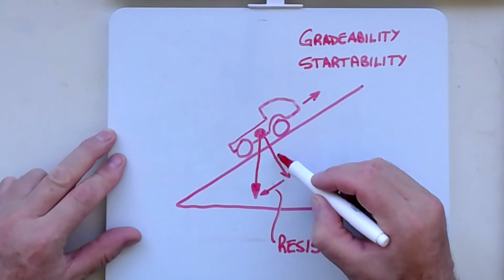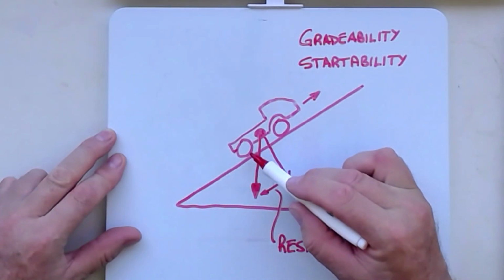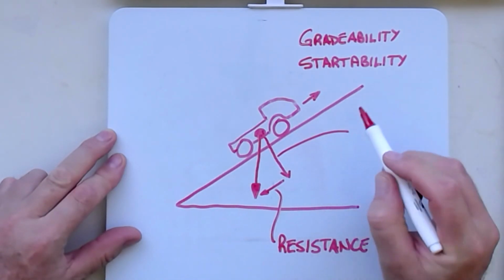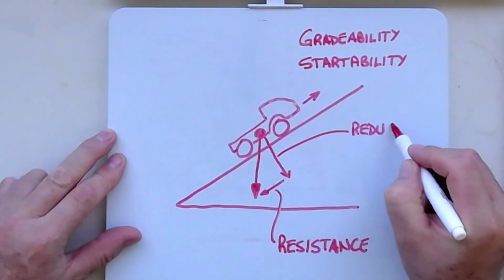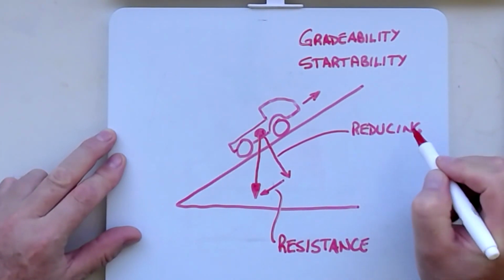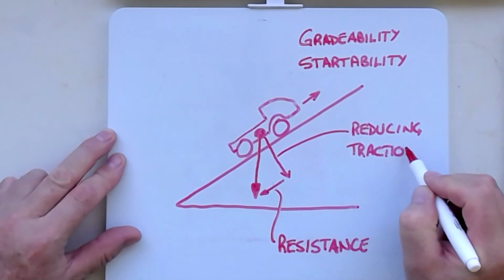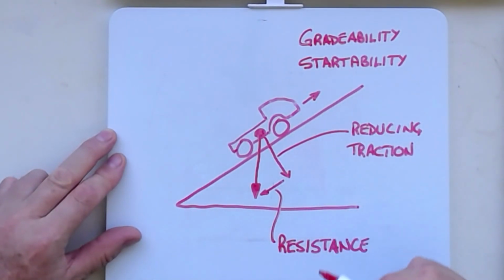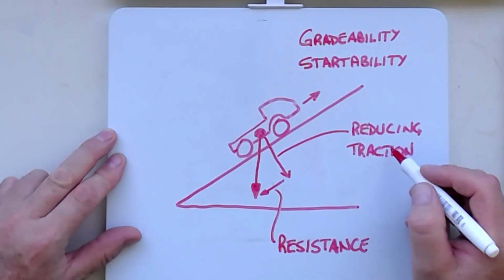And it's reducing the component of the weight that is perpendicular to the surface. So it's actually reducing your traction capability. So as the grade increases, your resistance goes up, but your traction capability goes down.